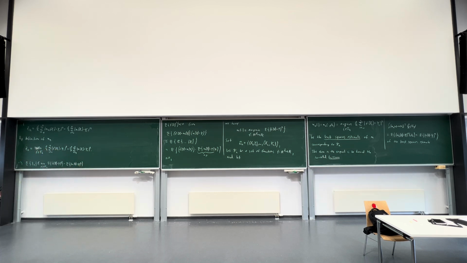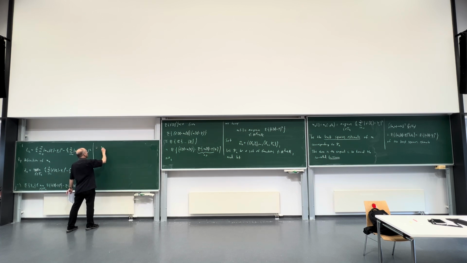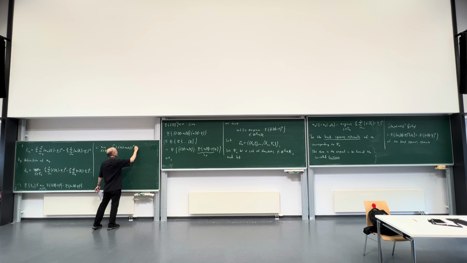Now you use our standard decomposition of the L2 risk, and you see that this difference is just the L2 error. So that's the minimum over f in Fn, integral of (f(x) minus m(x)) squared P_X(dx).